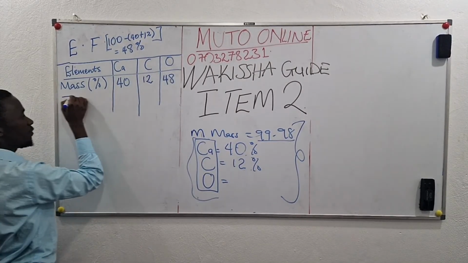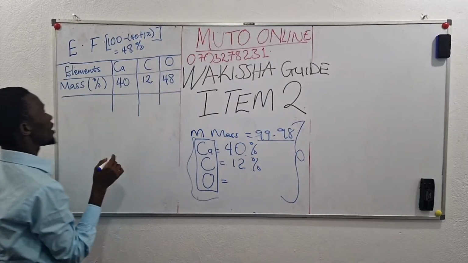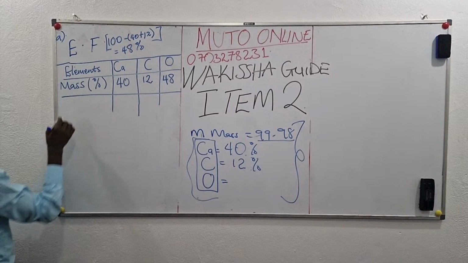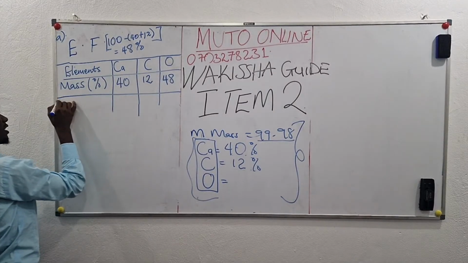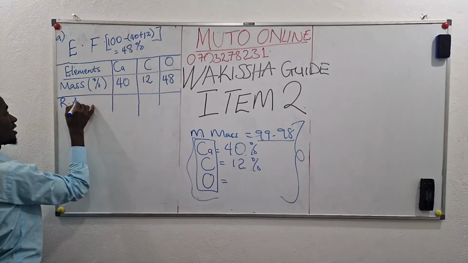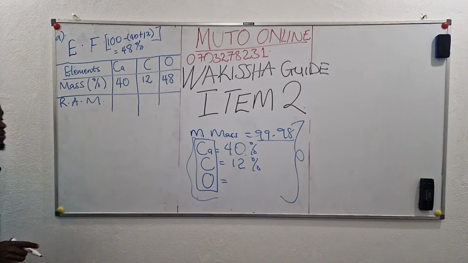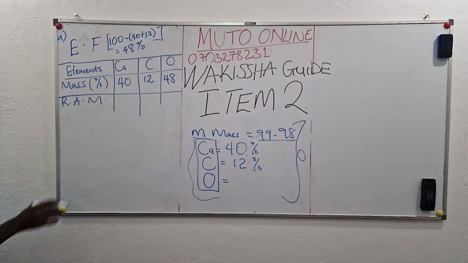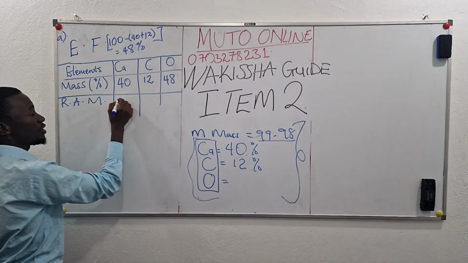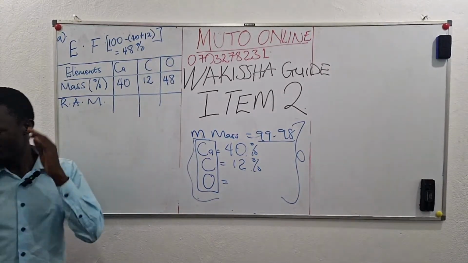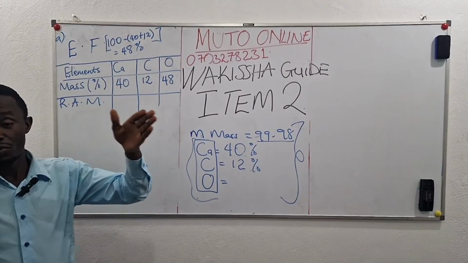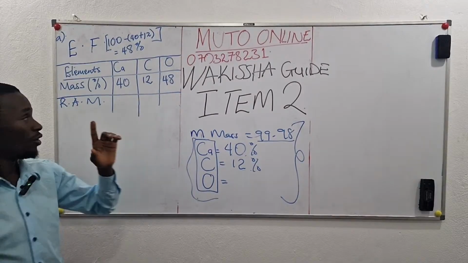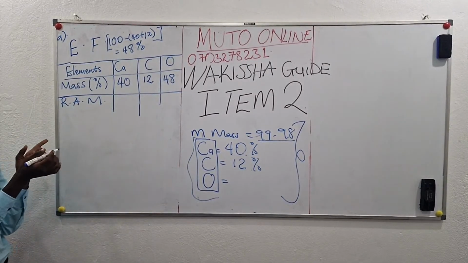So the next step for calculating the empirical formula, responding to part A, we always state the relative atomic masses of each of the elements. Those are always given in the instruction part of the first page of the question paper, or sometimes in brackets below the item.